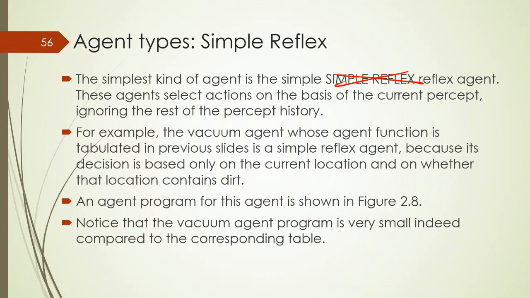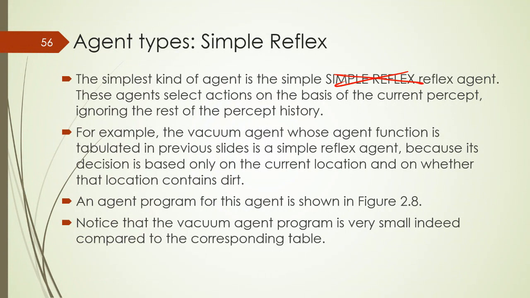This agent selects action on the basis of the current percept, ignoring the rest of the percept history. So it says you can simplify your table-driven one if you could ignore the sequence of the percepts. Instead of going back to all percepts from the beginning, you just decide based on the current percept.